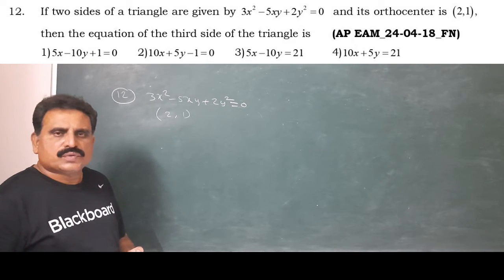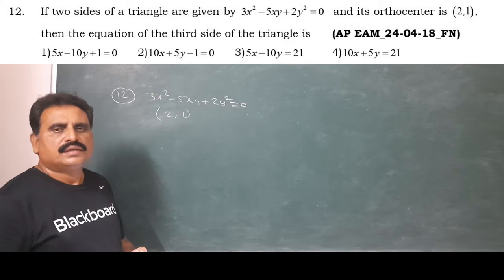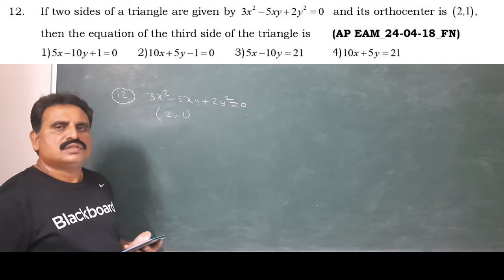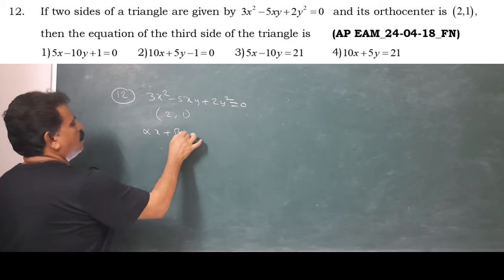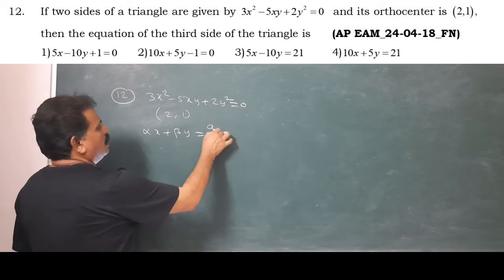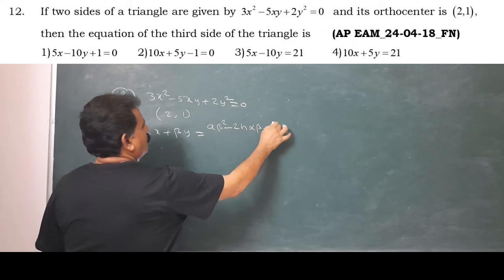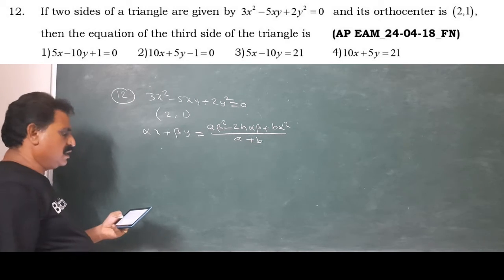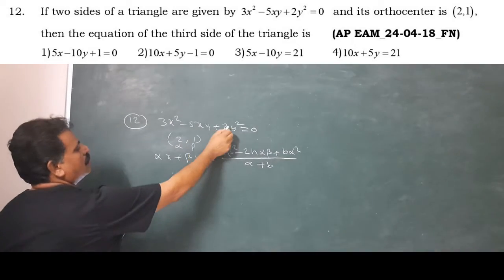If the two sides are ax square plus 2hxy plus by square equal to 0 and (alpha, beta) is the orthocenter, then the third side has a formula: alpha x plus beta y equal to (a beta square minus 2h alpha beta plus b alpha square) by (a plus b). By using this formula, we can easily get the answer. Here a, 2h, b.